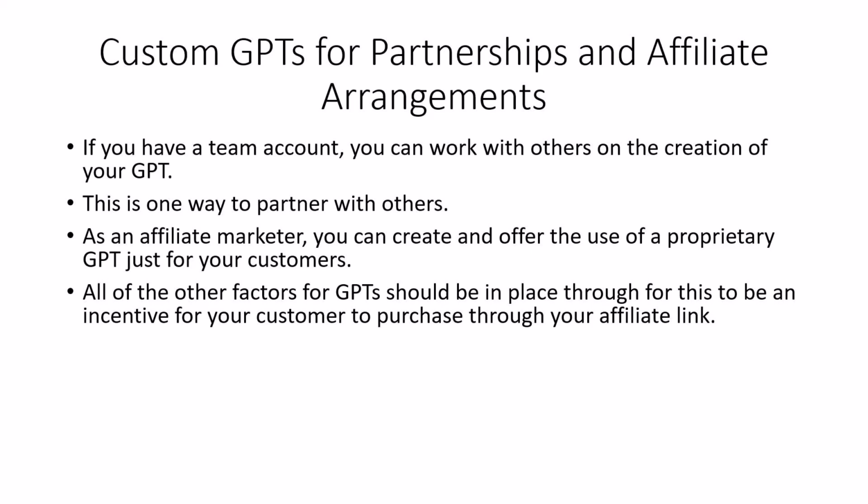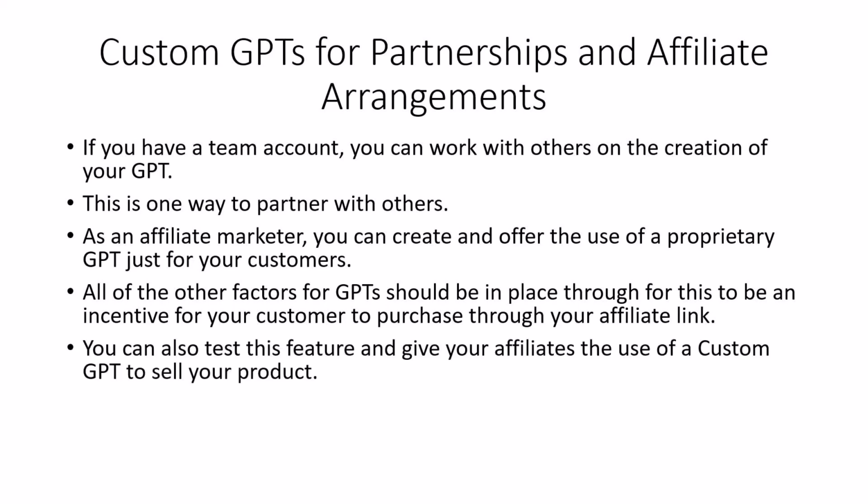You're going to get people inside of the GPT, and they're going to have an experience with it that they did not think they were going to have. And the very next time you do an affiliate offer, people will know the value you provide. So make sure these things are valuable for people, and valuable in a way that only you can create.